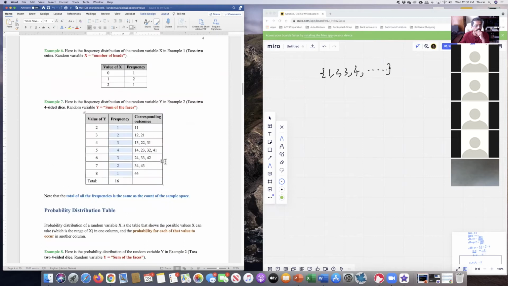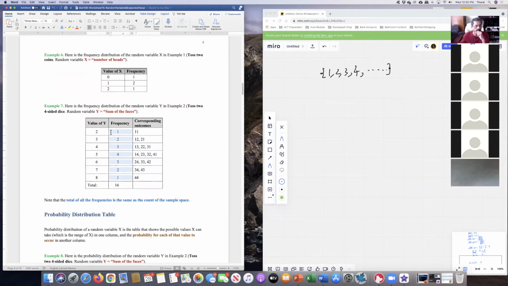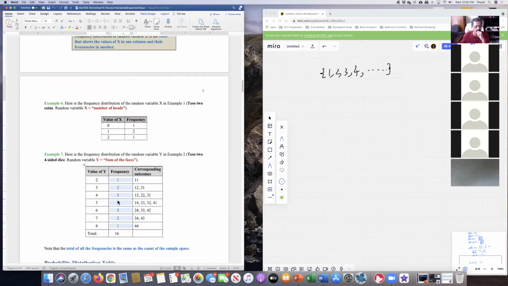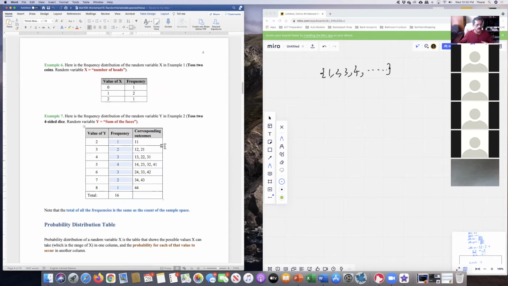Now, once you write down the frequency distribution table, you can write down the probability distribution table. The probability distribution table will show the probability for each value. Let's look at an example. In example 7, I'm tossing two four-sided dice, and random variable y represents the sum.